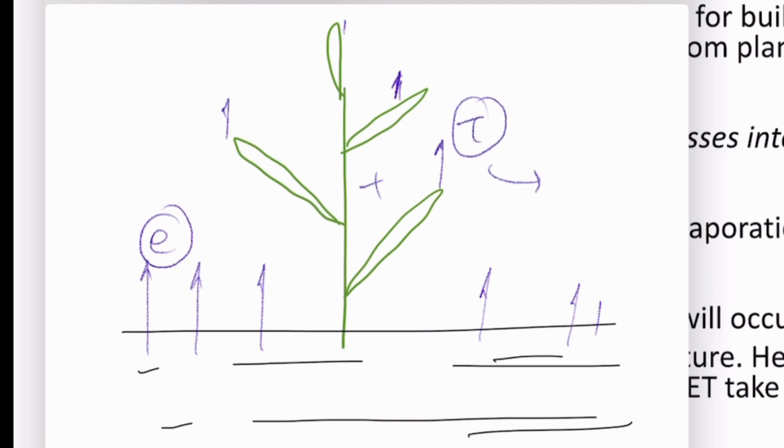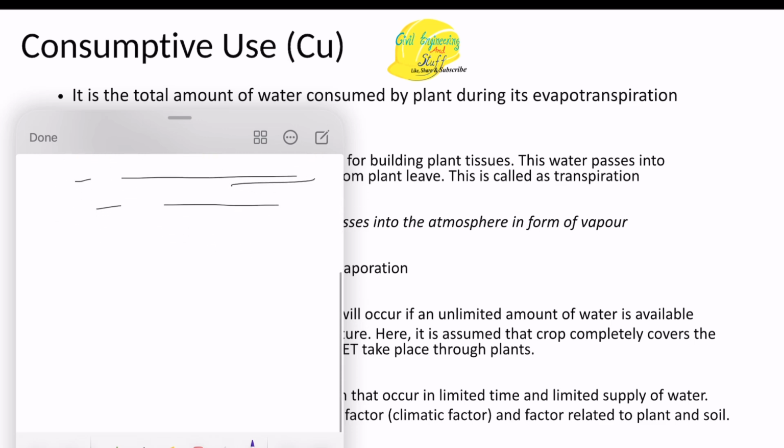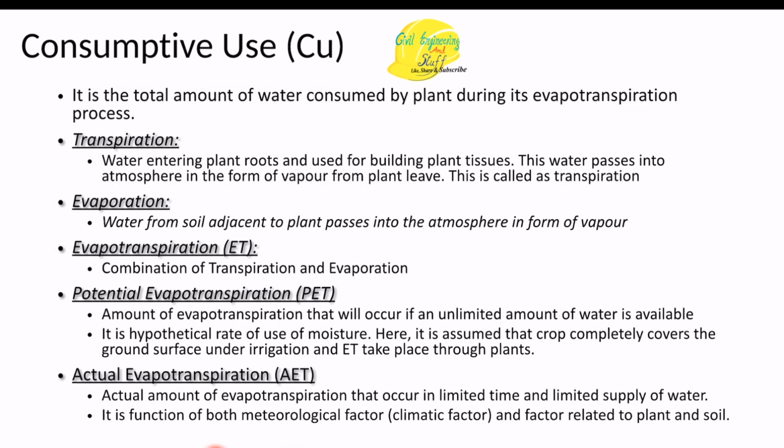Combination of these two is what we call evapotranspiration, and the net quantity of water that is consumed to fulfill this evapotranspiration need is what we call the consumptive use of the plant or a crop, as the case may be.